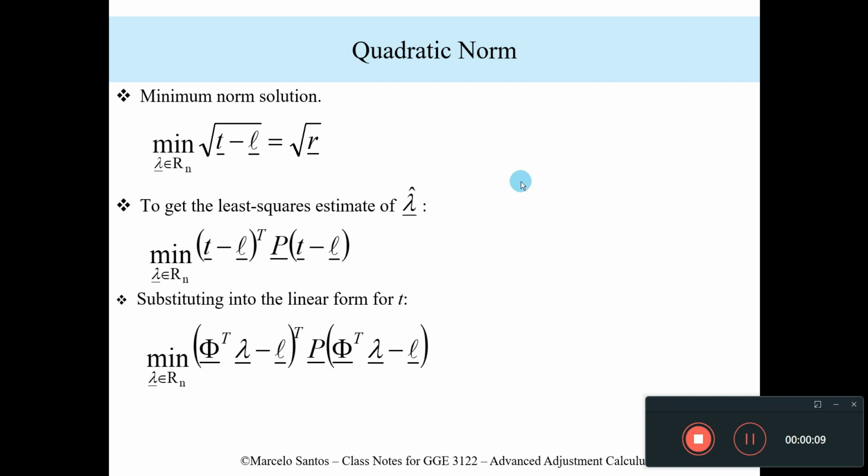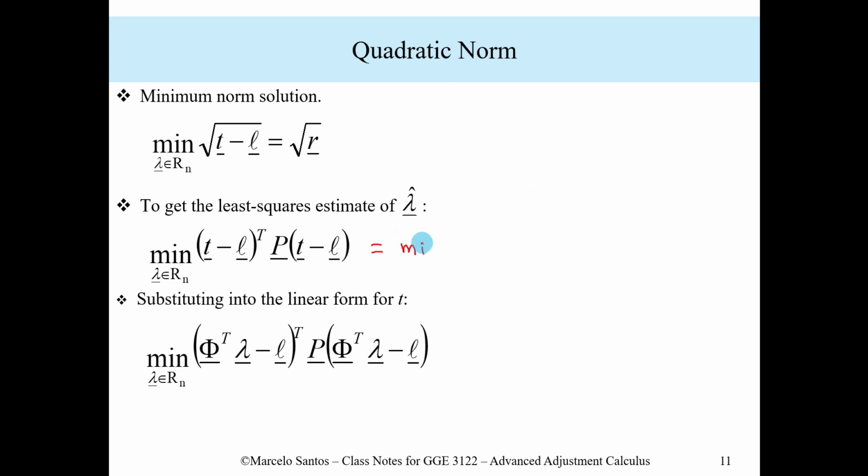To get the least squares estimate, we minimize the quadratic norm, and that's what we have here: minimization of R transpose P R, because R, as we know, is given here as T minus L. We can also replace the value of T that we have seen before, this is the trend, by its deterministic equation.